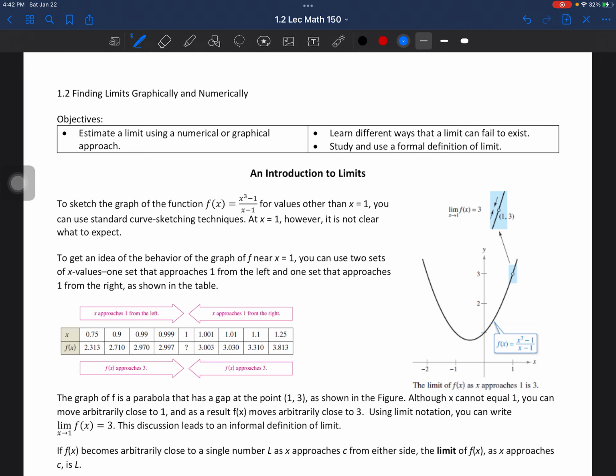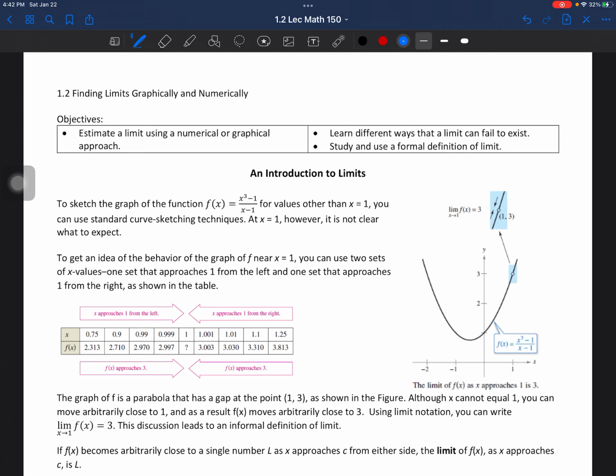The first section that we're going to discuss is 1.2, finding limits graphically and numerically. We are going to define what it means to be a limit, and show you how to find these limits graphically and also numerically.